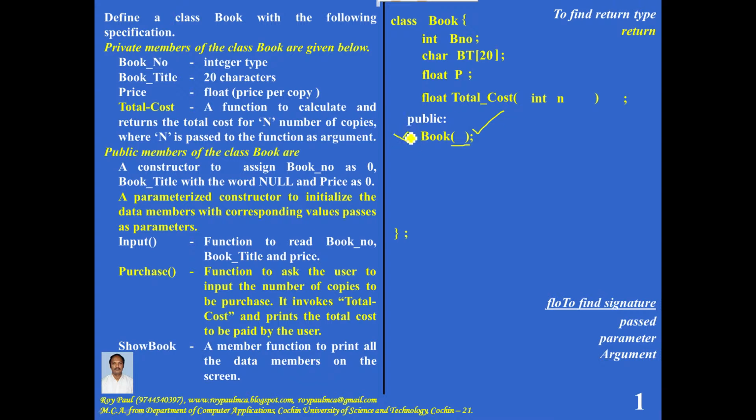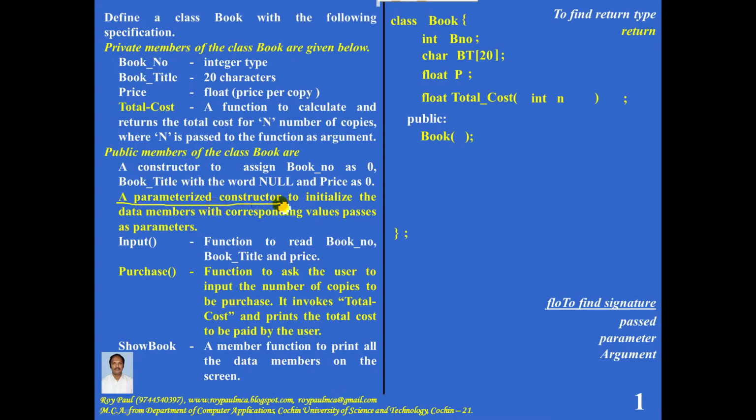Now find the return type, find the signature. Being a constructor, it does not have any return type, not even void. To find the signature, read the explanation and check for the words passed, parameter or argument. Those words are not there. So the signature part is empty.